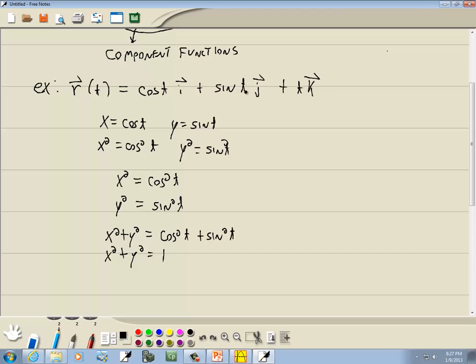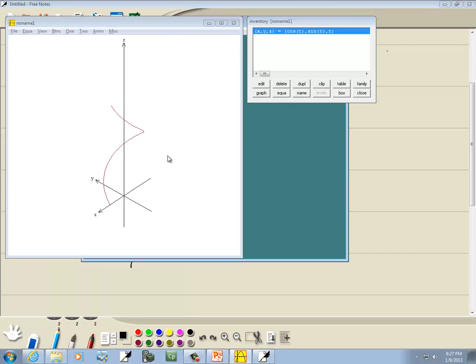Now if I looked at it in terms of just the y and the z, it would correspond to this right here. Let me see if I can get that. Okay, there we go. X is coming out toward us now.